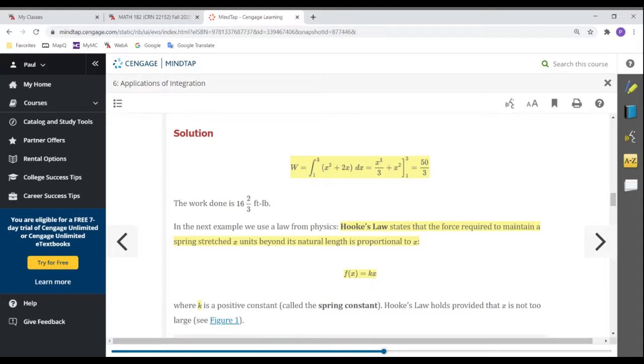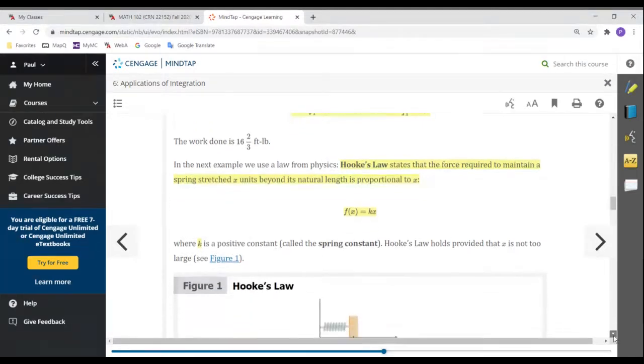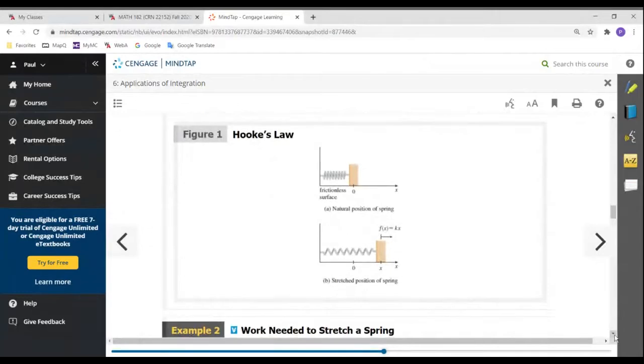Intuitively, experimentally, you've tried that. Indeed, if you want to stretch the spring further and further, it's going to take a larger force. So force is equal to k times x, and the more distance x you stretch the spring, the larger the force. They have a picture here of Hooke's law, and it makes perfect sense.